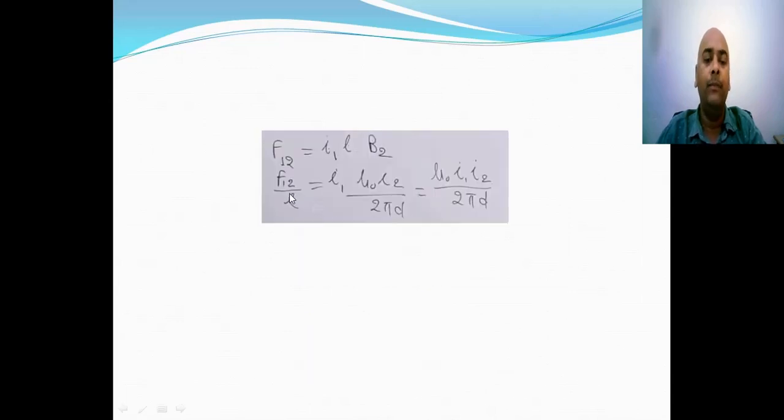So ultimately we obtain that the force on conductor 1 due to current flowing in conductor 2 per unit length of conductor 1 is mu naught I1 I2 by 2 pi d. So these were the expressions of the force between two current carrying conductors.